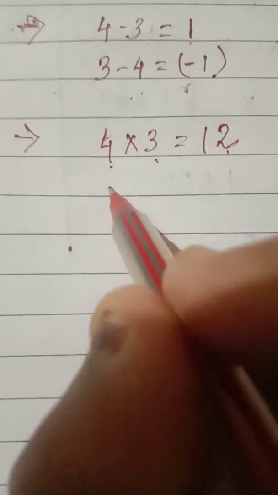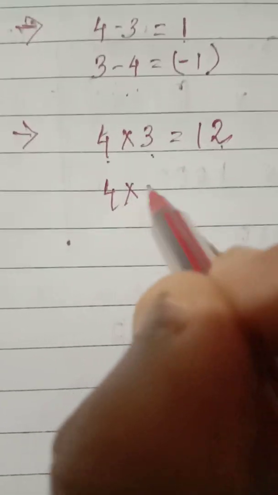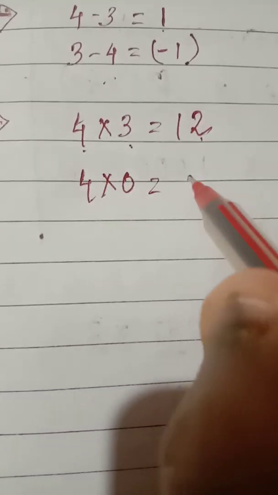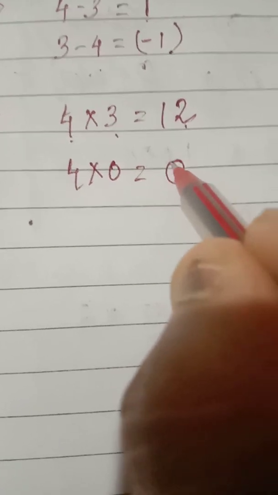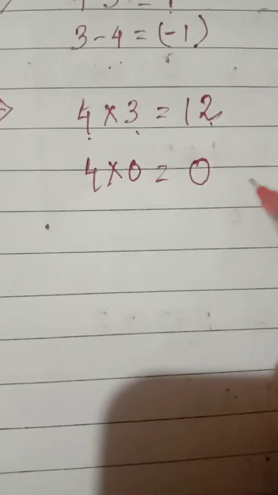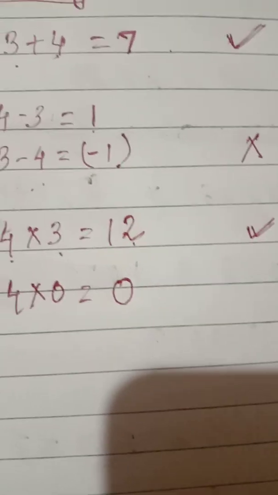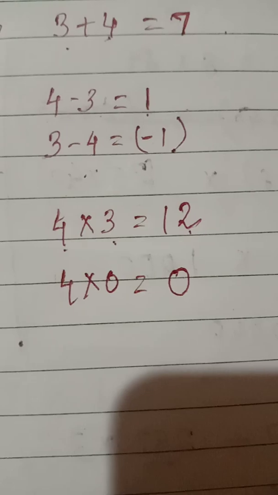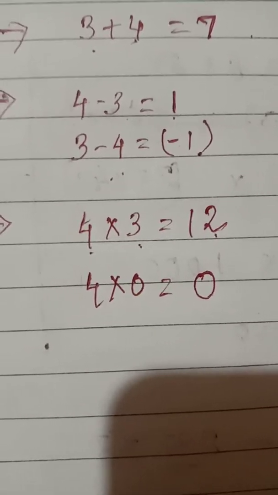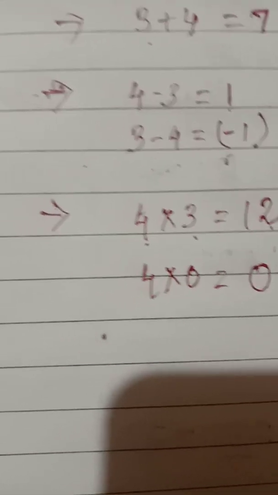Same way, if I multiply any number by 0, I will get 0. 0 is also a whole number. That's why for addition and multiplication, the closure property is applicable.